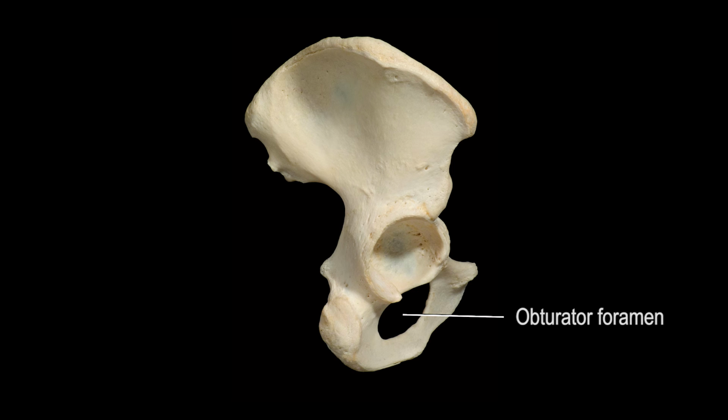We are looking at the surface along the obturator foramen here. So along the rim of the surface of the obturator foramen, we have the obturator muscle attaching, and the obturator is yet another member of the deep lateral rotator group.